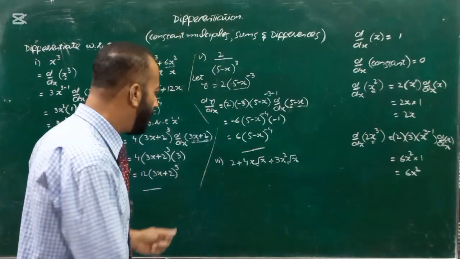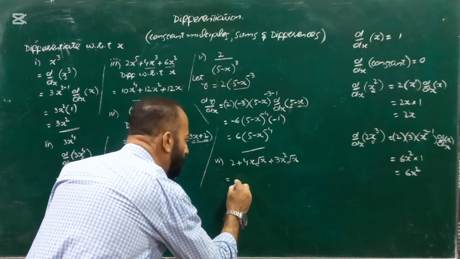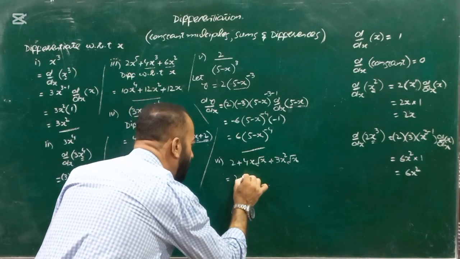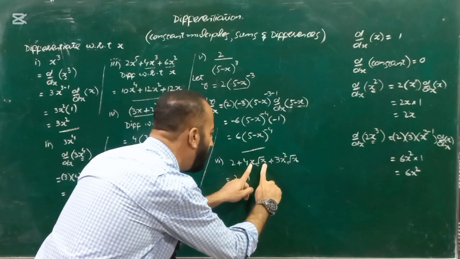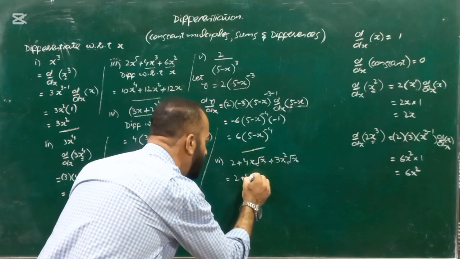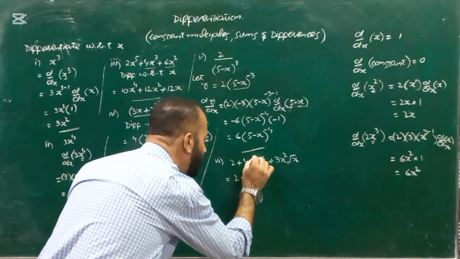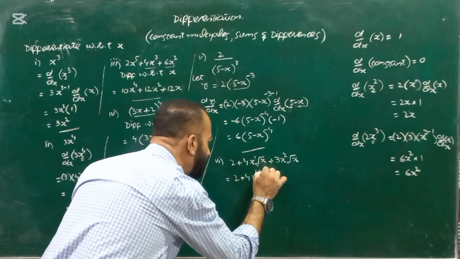So look now. First, we are going to transform the question to some extent. So 2 plus 4 will remain as it is, because now the variables are the same, the bases are the same, the powers will be added. So its power is 1 and the next variable's power is 1 by 2.